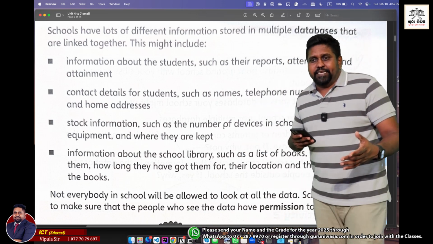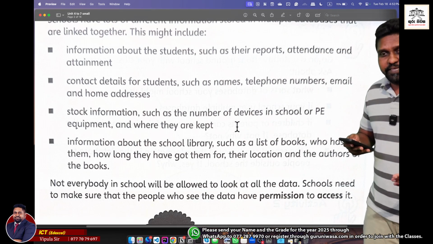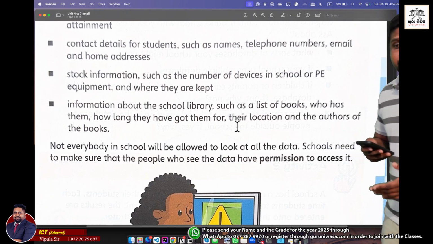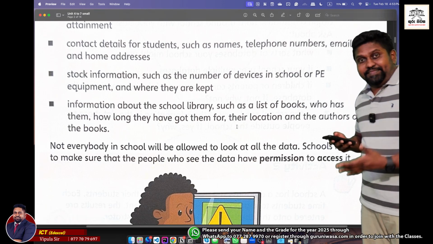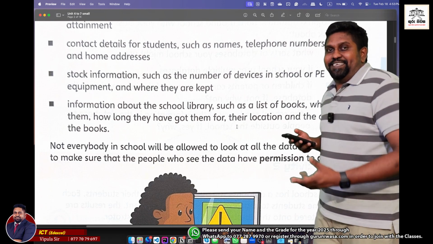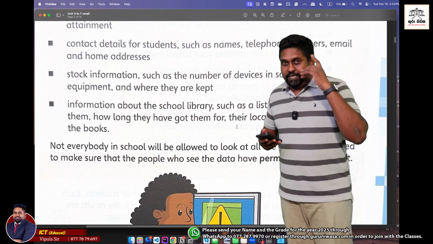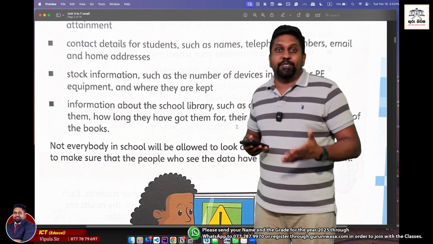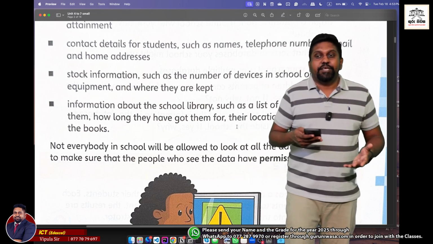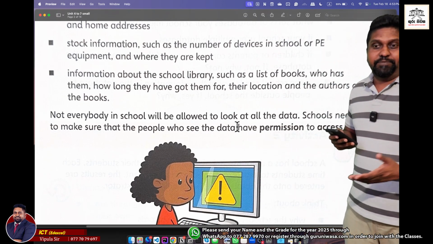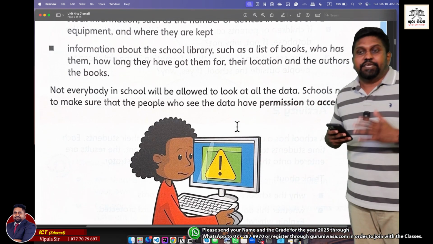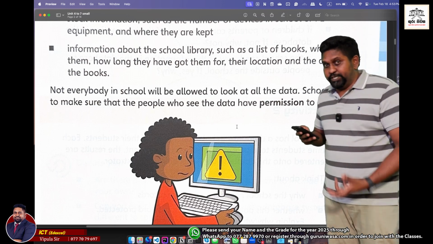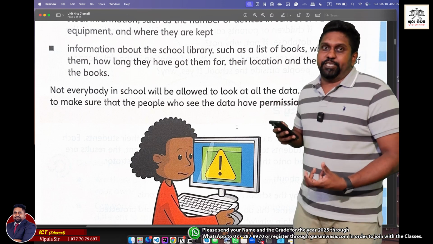Including that, we will have a lot of other information as well, stock information, such as how many devices and computers there are. Let's say if you take a classroom, during our first class we actually wrote this down, what are the points which a school will have, right? And at the same time, libraries and all this information must be captured, right?